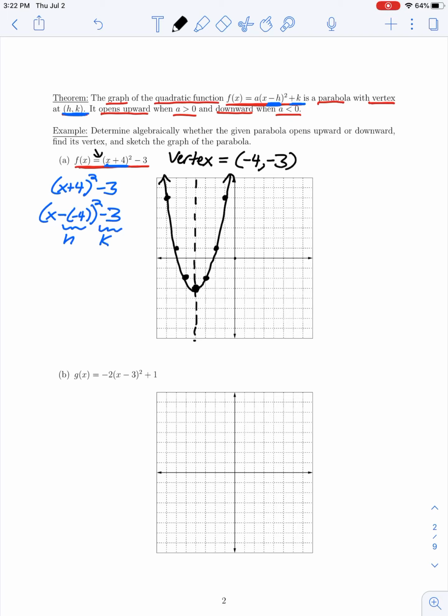Now in part B, we have the function g of x is -2 times x minus 3 quantity squared plus 1. So immediately, we recognize that our constant a is a negative number, so our parabola will be opening downward. And let's see if we can identify its vertex.